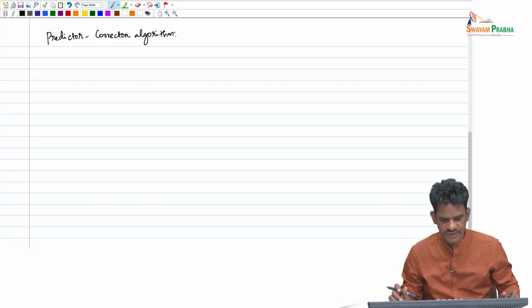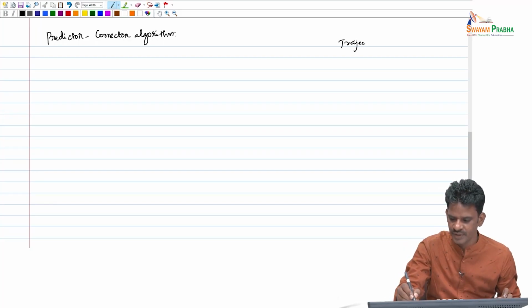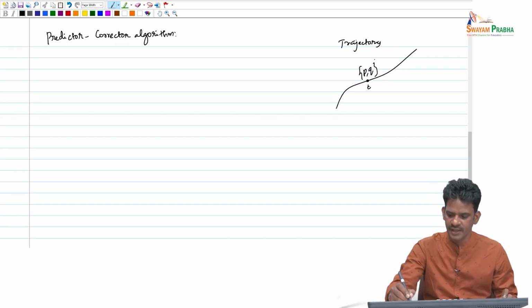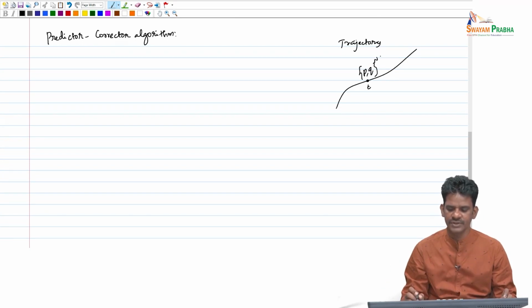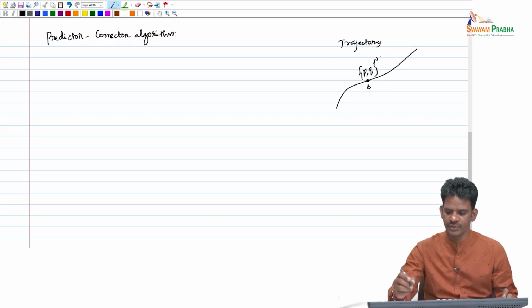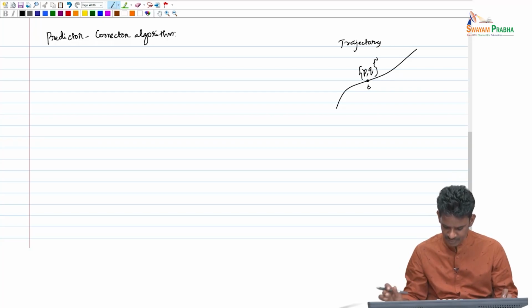In this case you can imagine that the trajectory of the system is nothing but a curve where at each point at any time t, you have all the information of the particle positions and momenta, for the whole n particle system. Now this trajectory, if it were a continuous trajectory, then we should be able to write the position and momenta as a series expansion using Taylor series. Okay, so that's our starting point.